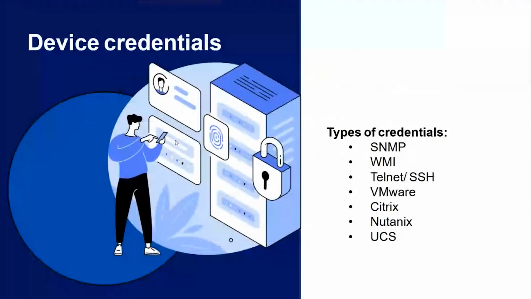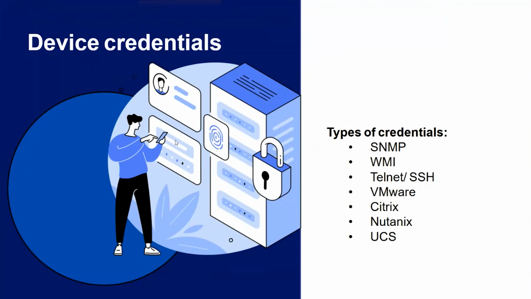So next, coming to the device credentials. Now that we have created the user profiles and provided the users access to OpManager, the next thing is to configure the credentials in order to gather the metrics of the devices we want to monitor. For example, we can use SNMP credentials, WMI credentials, and we have VMware, Citrix, Nutanix.